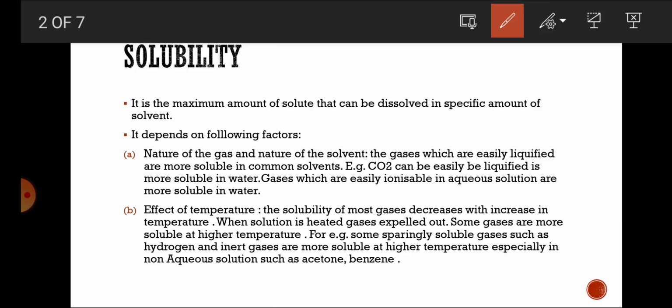Okay students, the next important factor is the effect of the temperature. With the increase of the temperature, if I heat the solution, then the solute particles will escape out.